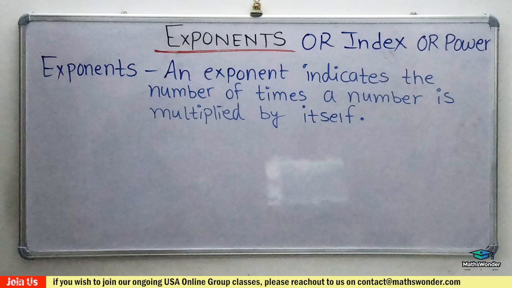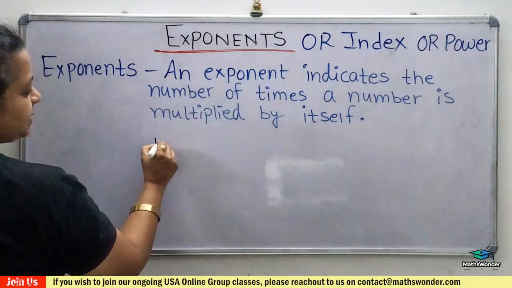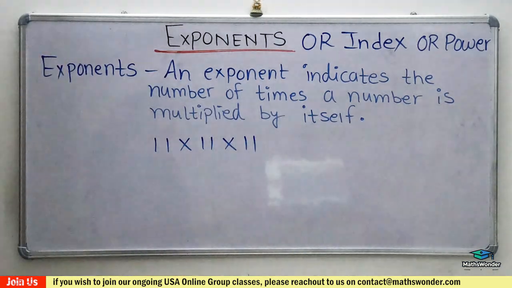Now come to the examples. A simple way we will understand, okay? Suppose 11 times 11 times 11, right? There are 3 elevens. How can you write it?